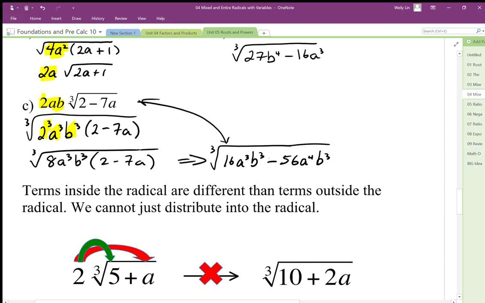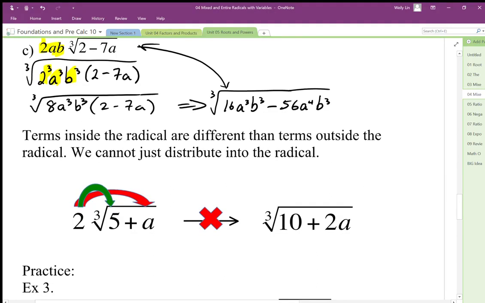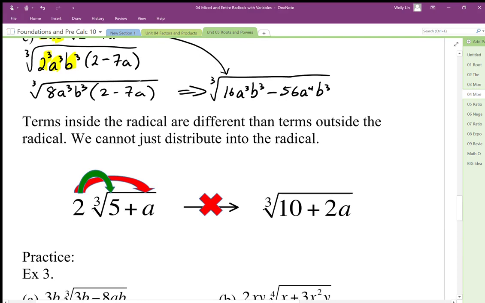We've taken the perfect cube factor, the 8a cubed b cubed, and we factored it first before we were allowed to take it outside. So this is important that we don't multiply these things in like this. Okay, although there is a plus, we have to first of all cube it first. So we have to do 2 cubed first, and then we can apply the multiplication.